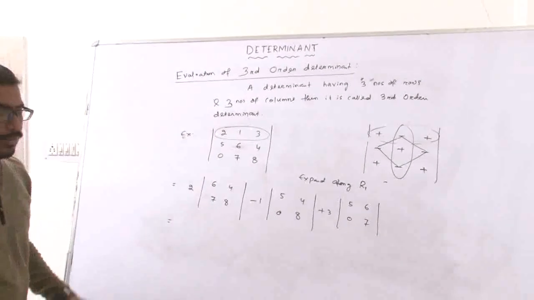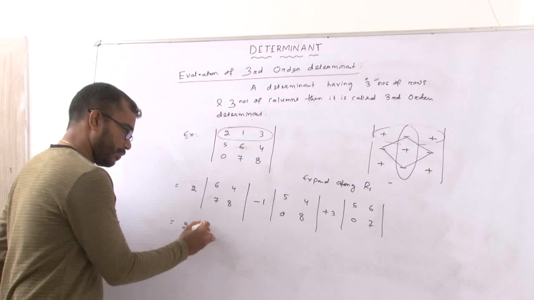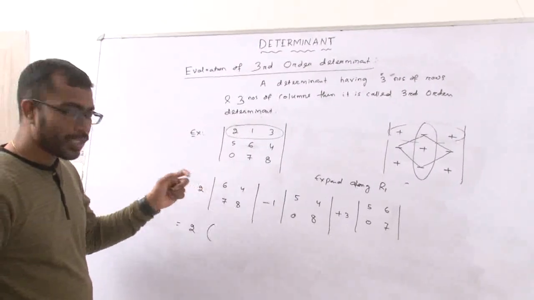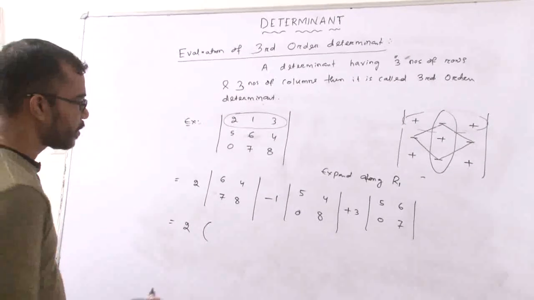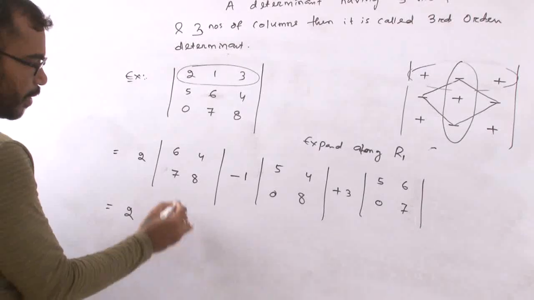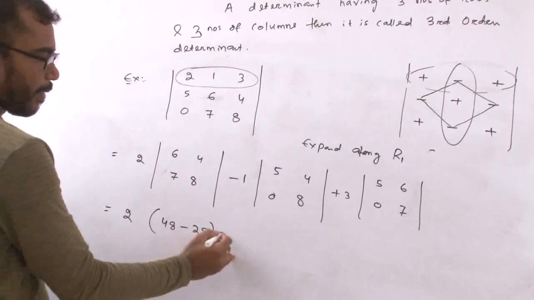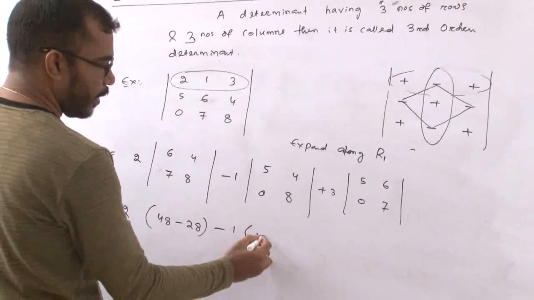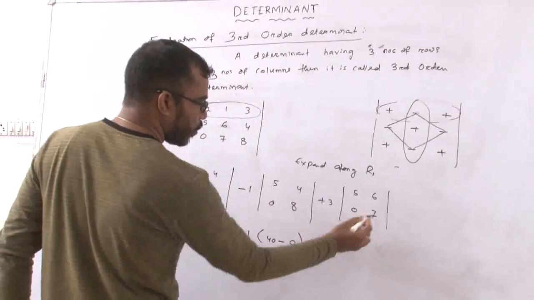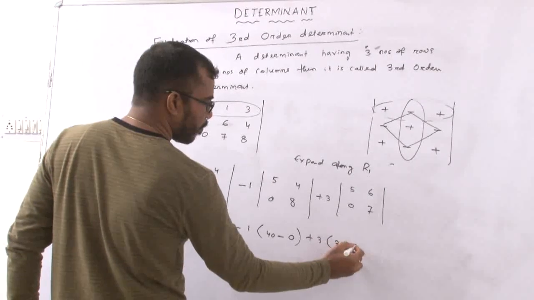Now we calculate that. As you know how to calculate a second order determinant, here is the cross multiplication. So 6 into 8 is 48, minus 28, minus 1 into 40 minus 4 into 0, that is 0, plus 3 into 35 minus 0.